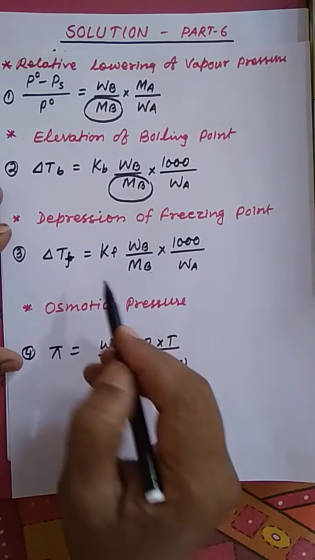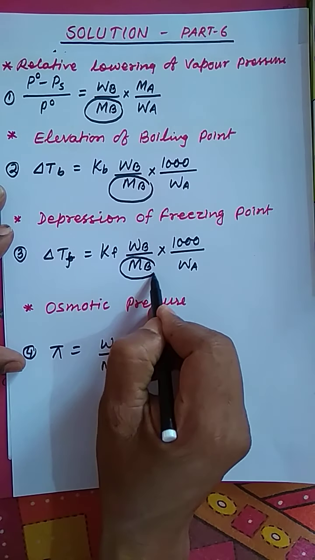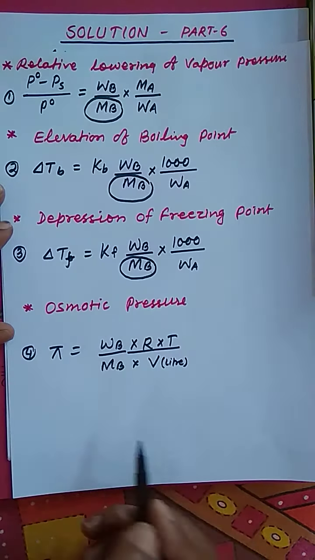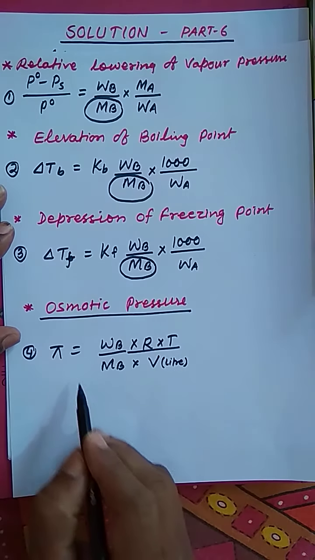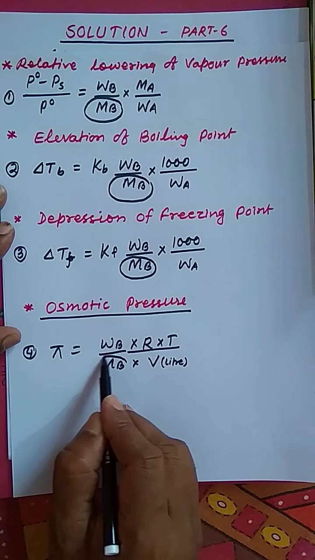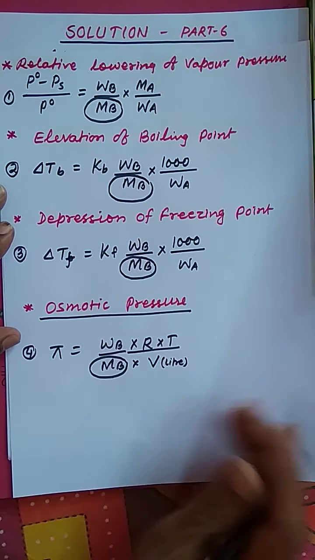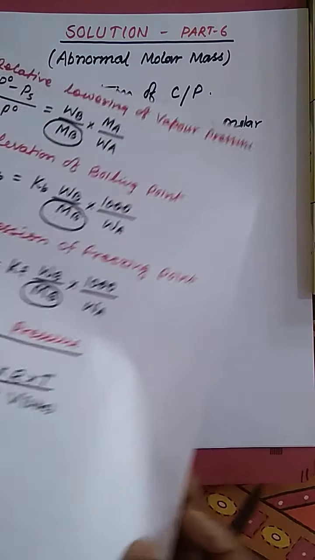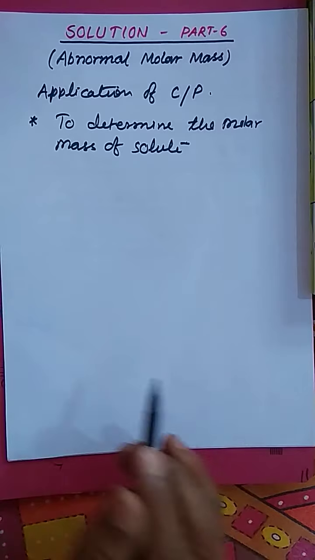By using the equation of depression of freezing point we can calculate the molar mass of solute, and by using the equation of osmotic pressure we can calculate or determine the molar mass of solute. So this is an important application of colligative property.